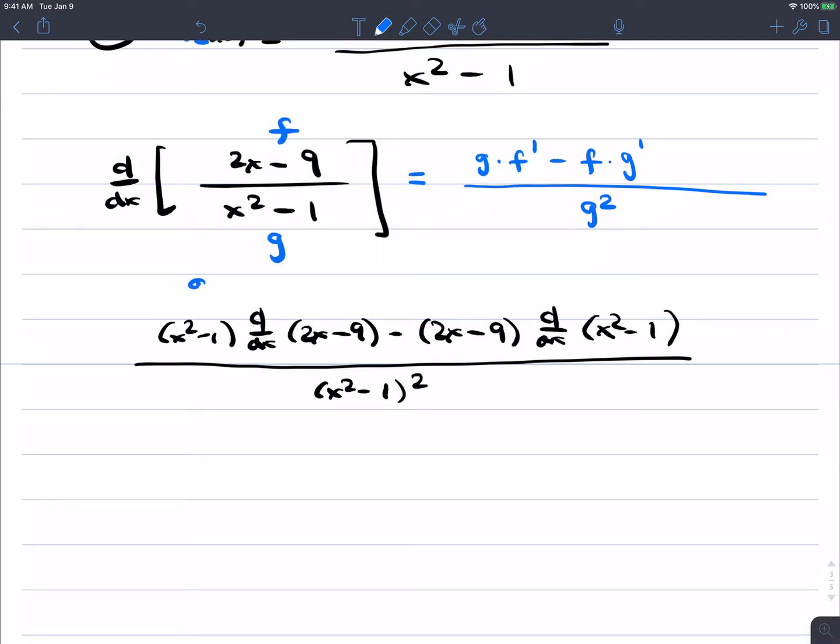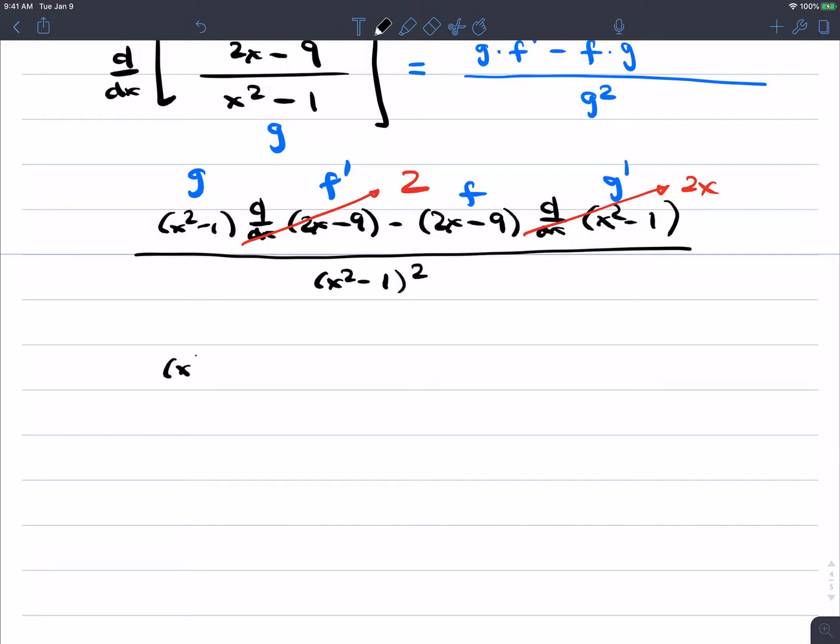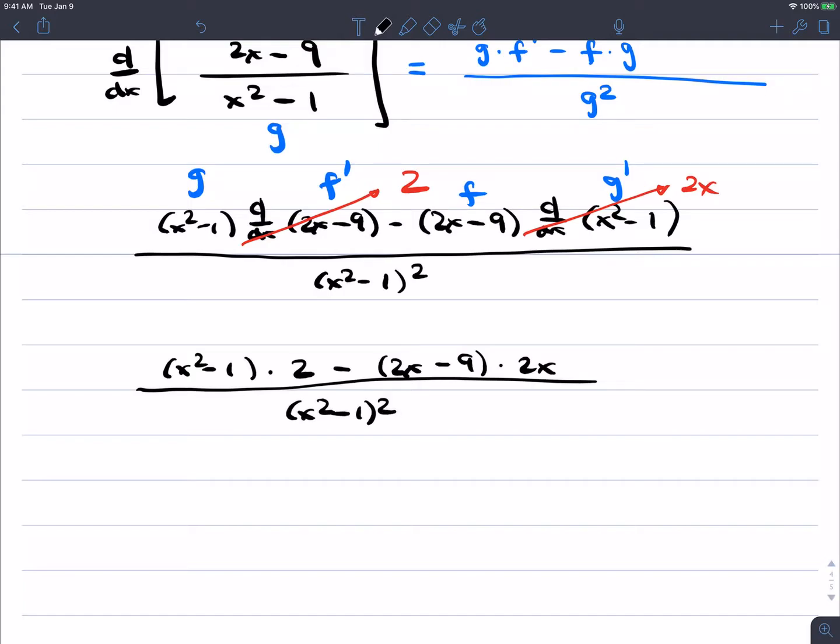And so you also have g f prime, f g prime. So this derivative here now is 2, and this will be 2x. x squared minus 1 times 2 minus 2x minus 9 times simply 2x, everything over x squared minus 1 squared.